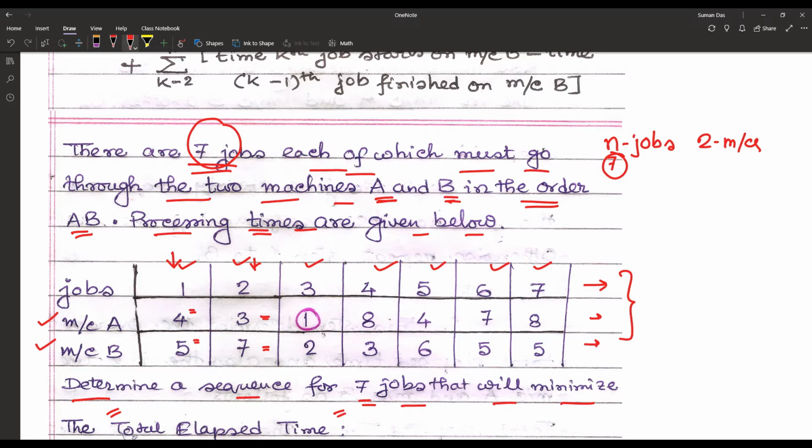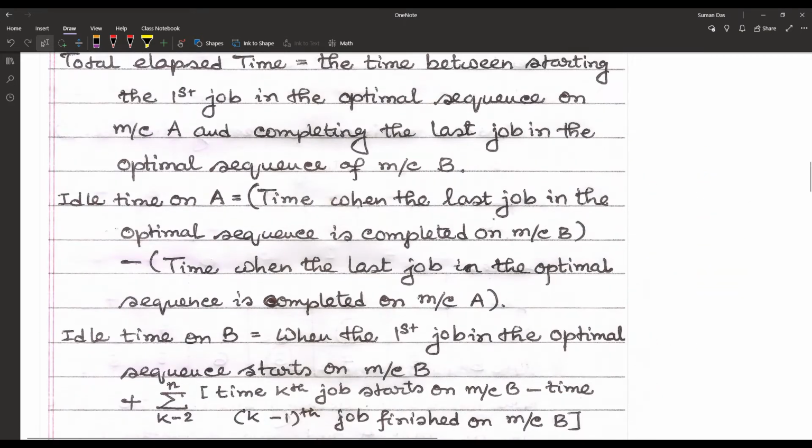Already we have said the total elapsed time means the minimum or optimal time, given the job sequence in the problem. So we have to find out the sequence and also the total elapsed time. So let's check the first step of the algorithm.